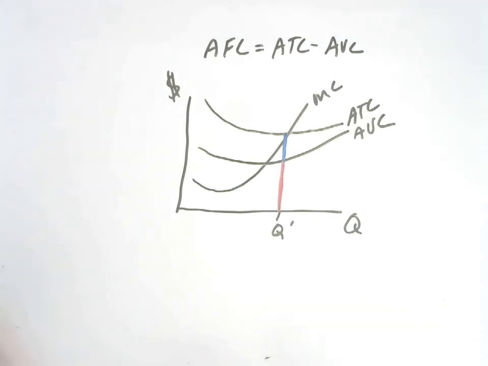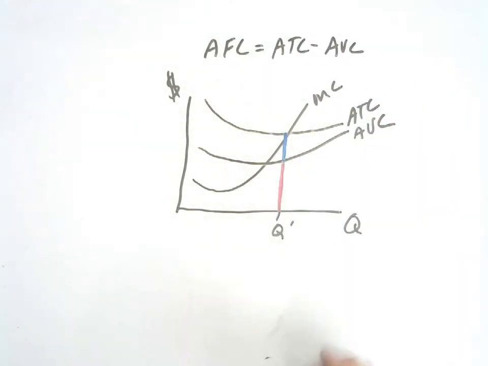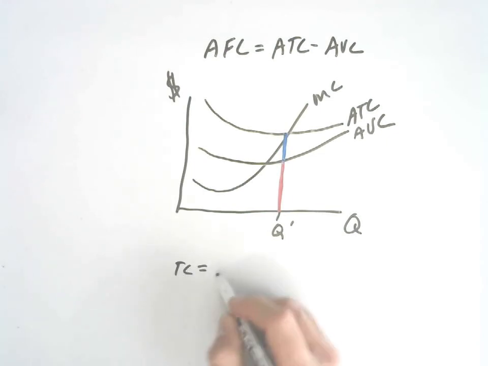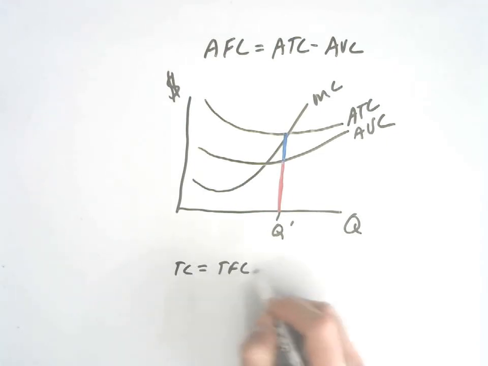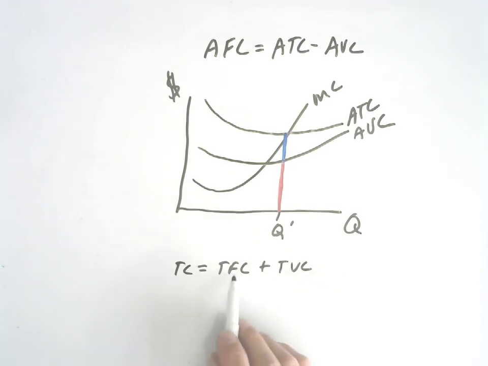Now, to get my totals back, what do I do? I multiply through this function by Q. Remember, total cost equals total fixed cost plus total variable cost. Simply, ATC times Q is total cost.